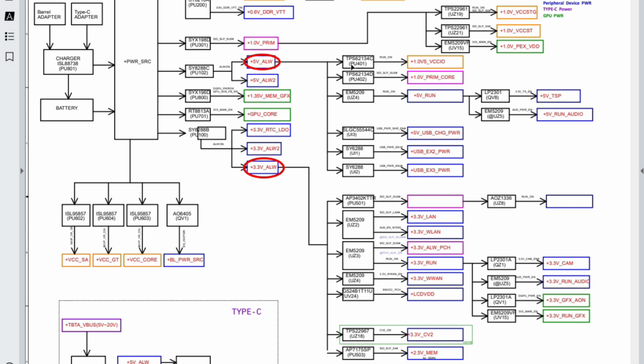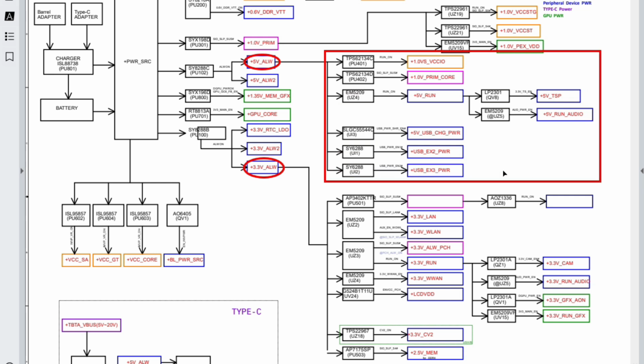For 5 volt always, as you can see here, these arrows mean all these voltages are coming from plus 5 volt always. The same for plus 3.3 volt always. Do you see here? These arrows mean all these voltages are coming from 3.3 volt always.